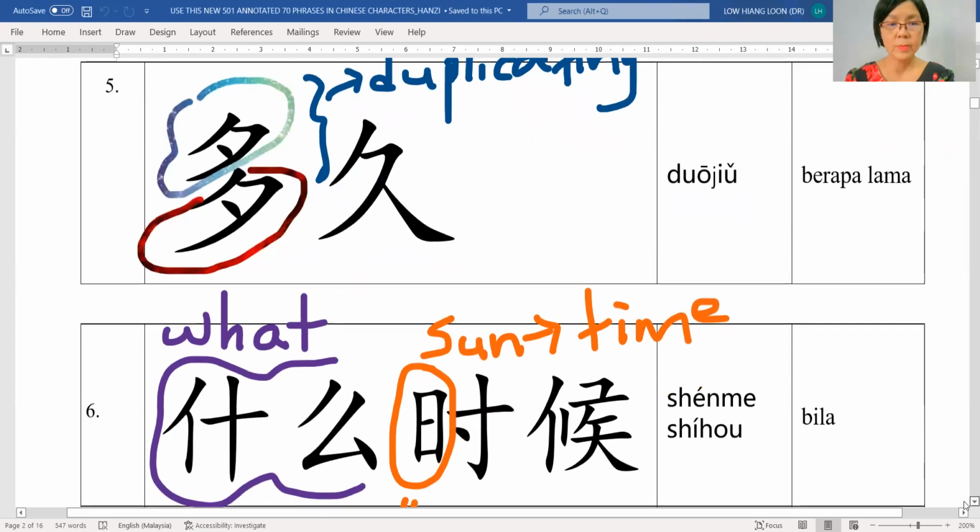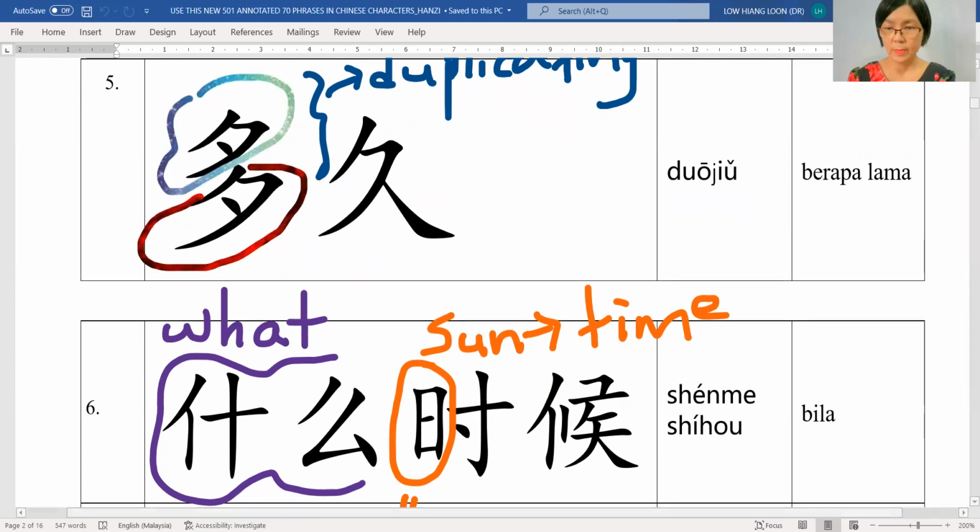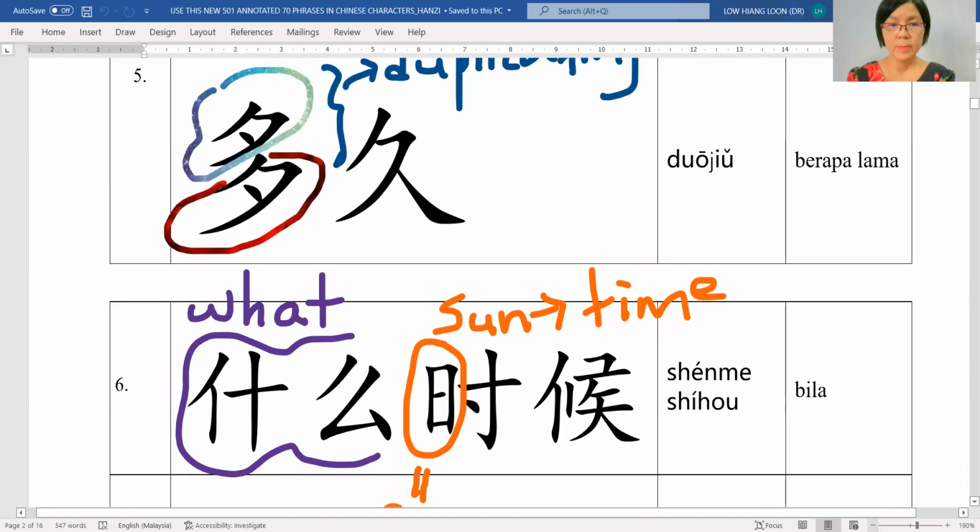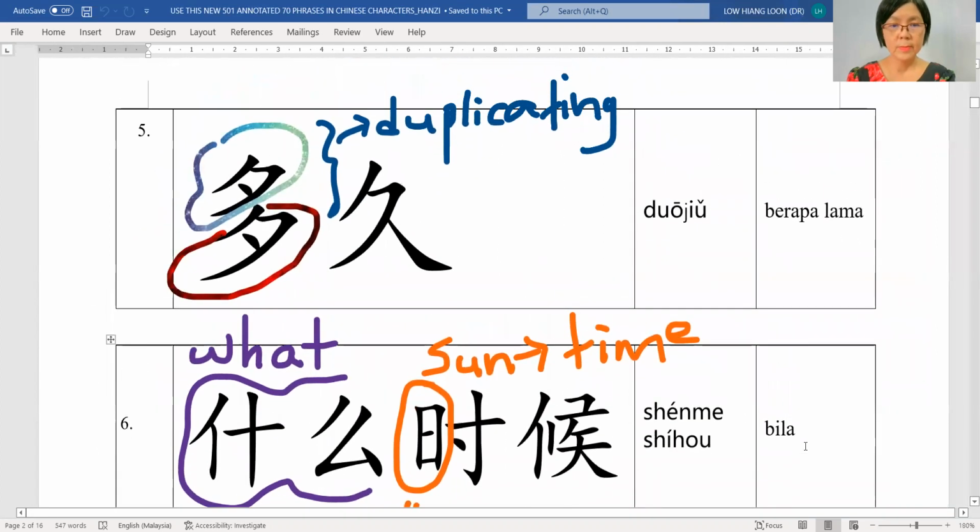So number 5 is Tuo Chiu, which means berapa lama. And the first character, there is a similar character yang duplicating, which is Tuo. Tuo actually means banyak, but bila gabung with the second character, Chiu, it's menjadi berapa lama.